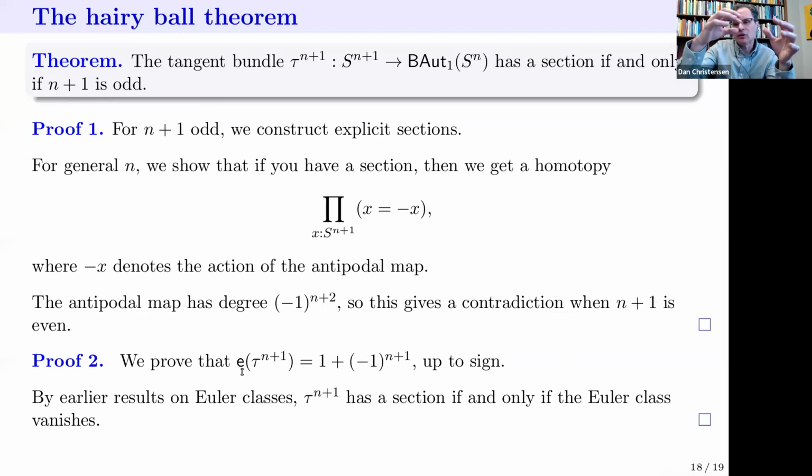And then you can extend that section across the equator. And the question is, when you extend down to the South Pole, do the extensions agree or not? At the South Pole, the extensions are parameterized by the equator. So you end up with a map from the equator, which is Sn in this case, to the fiber over the South Pole, which is also Sn.